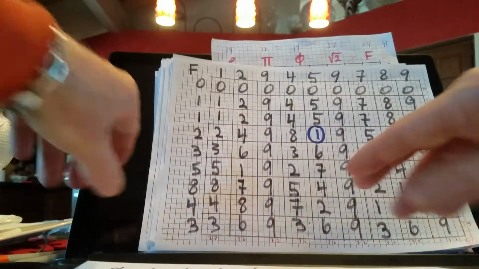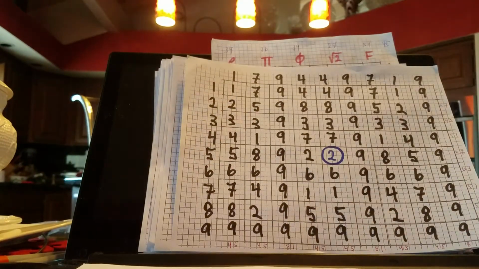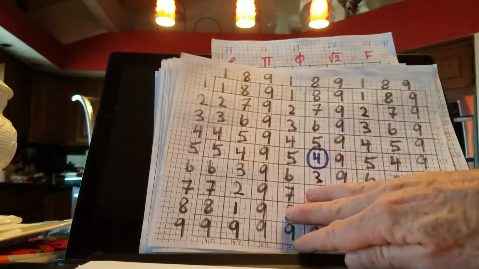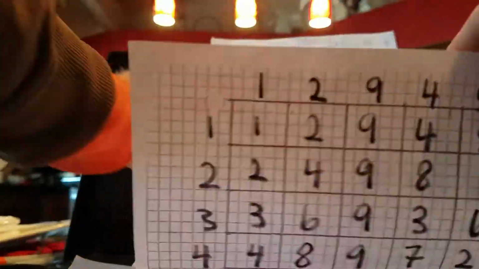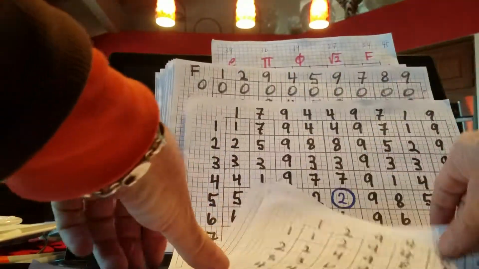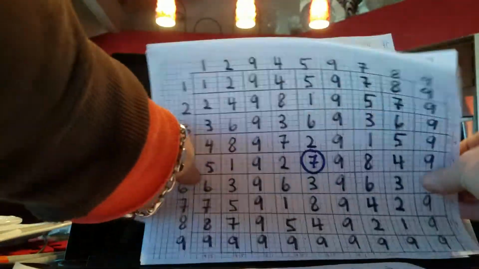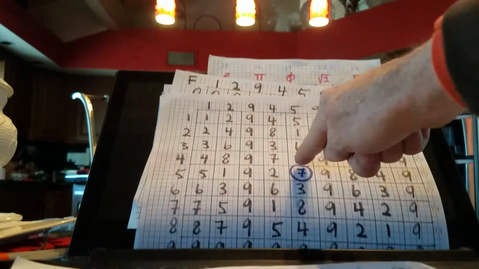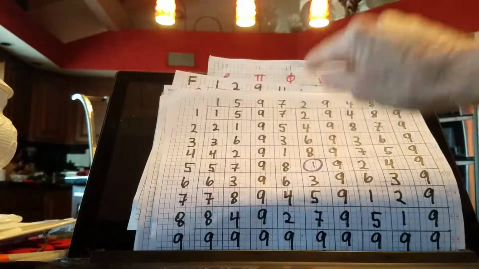And now I'm going to do it with the final series. And it's the 1, 2, 3, 4, 5, 6, 7, 8, 9. And we're looking at this position. 7, 5, 1, 2, 4, 8.